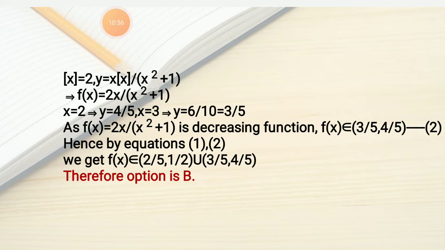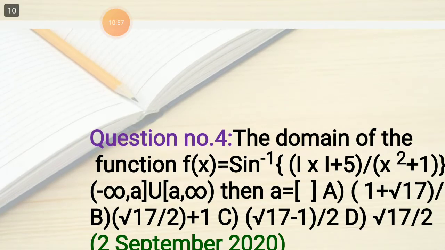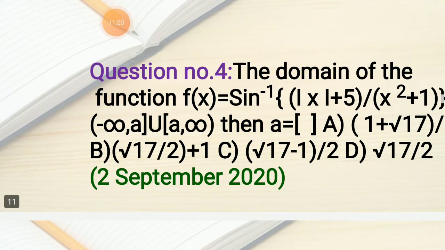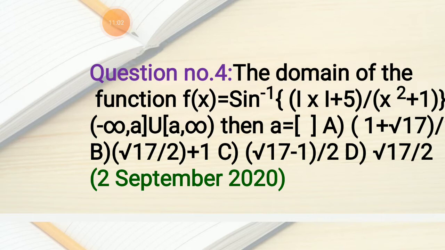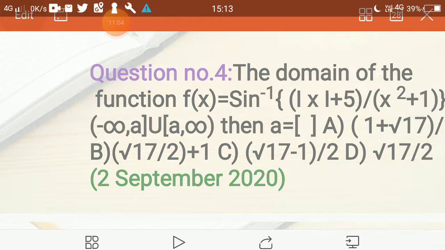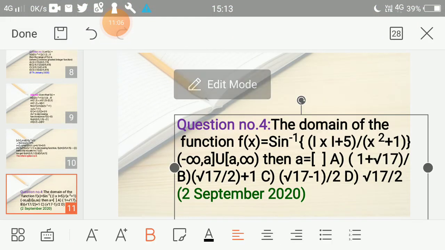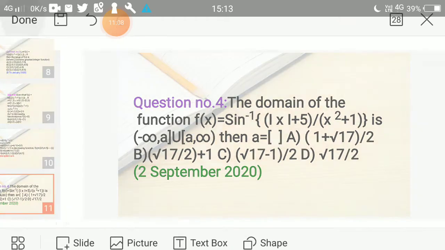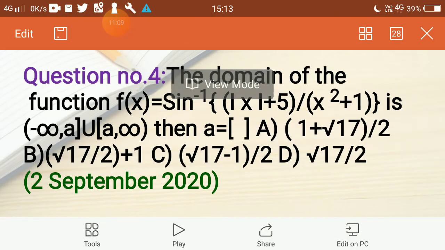This is asked. We go to question number 4. He is asking about domain. The domain of the function f of x equal to sine inverse of (mod x plus 4) by (x square plus 1) is minus infinity to a closed union closed a to infinity, then a is equal to? 4 options given.